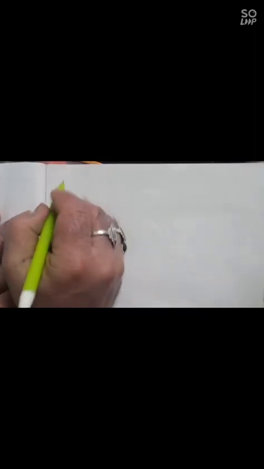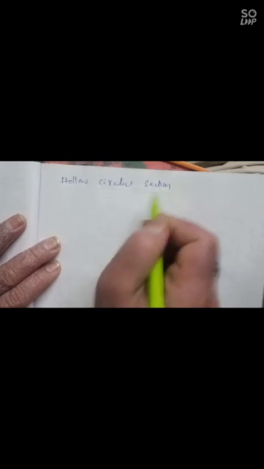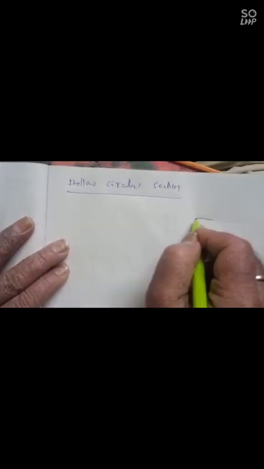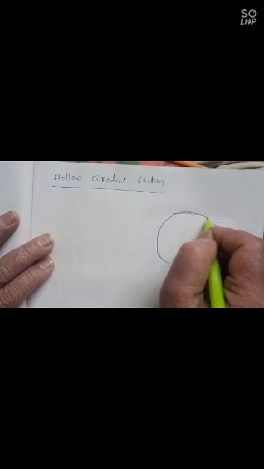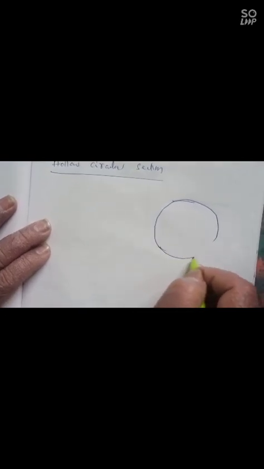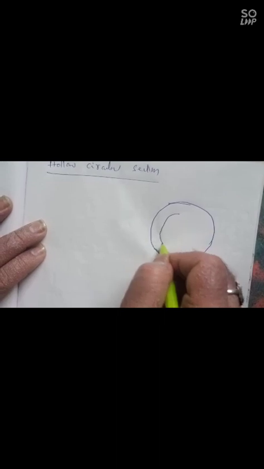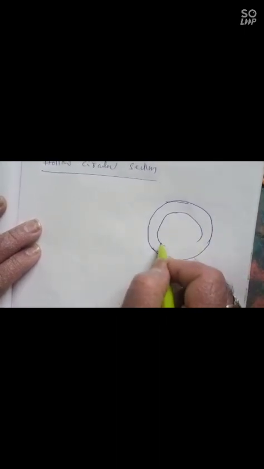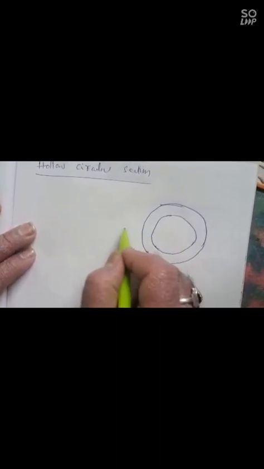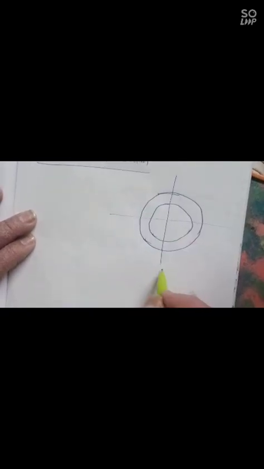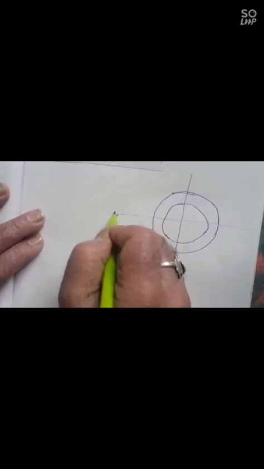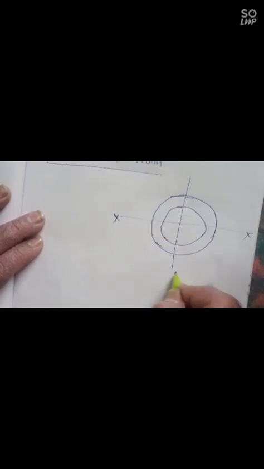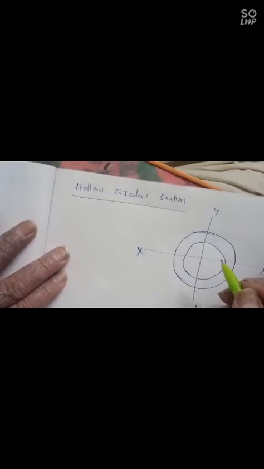Next, the hollow circular section. For a hollow circular section, we have two diameters, one is the inner diameter and another one is the outer diameter, and it is a circular section. So Ixx and Iyy are similar, and Zxx and Zyy section moduli are also similar.